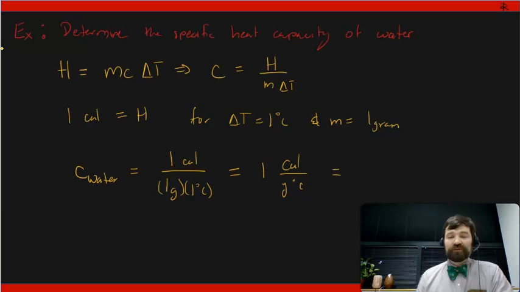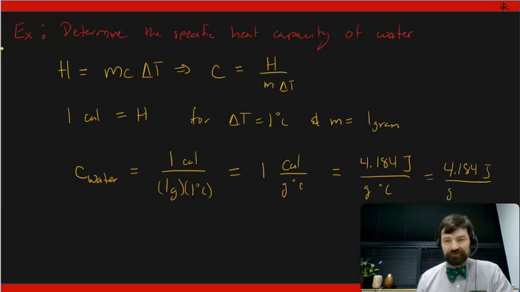If you'd prefer to put it in joules, this is 4.184 joules per gram degree C, or 4.184 joules per gram Kelvin.